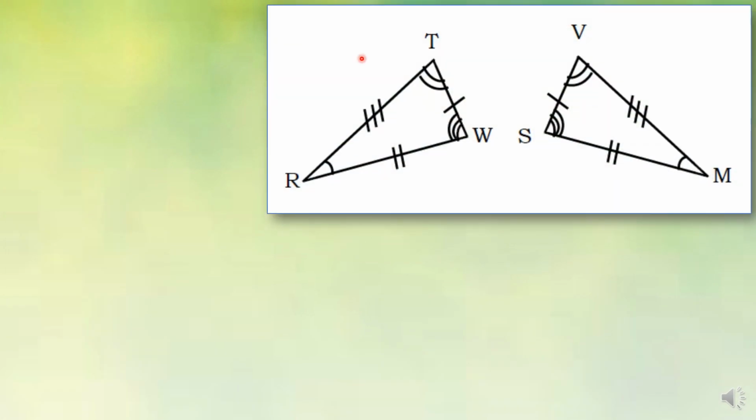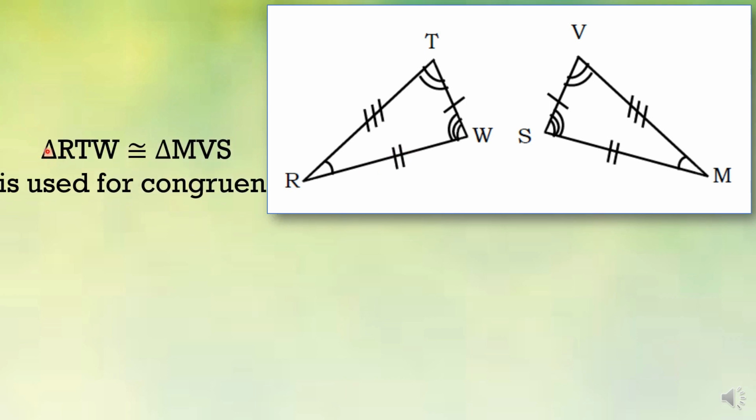And for the recap, given the triangle RTW and triangle MVS, look at the special markings that both triangles have. These markings indicate the sides and angles that are said to be congruent. It is read as triangle RTW is congruent with the triangle MVS.